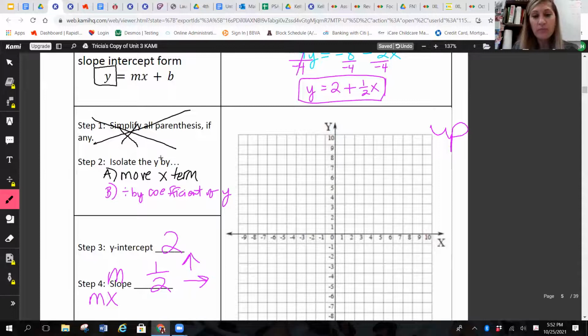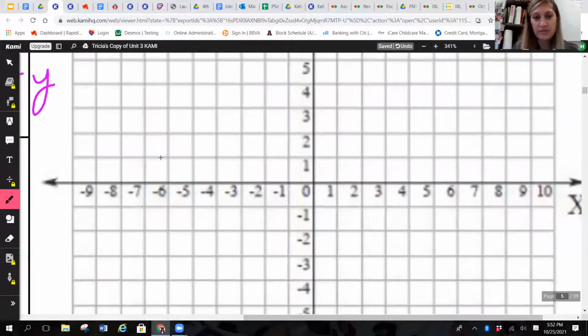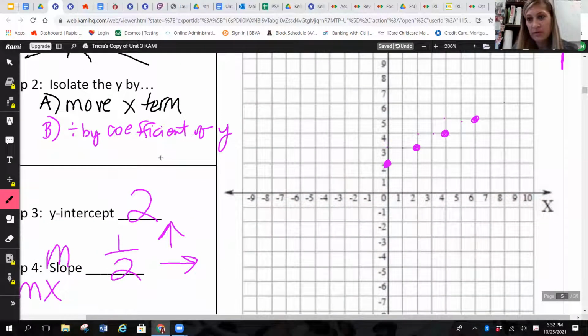Here we go. I'm going to start at positive 2, and go up 1 and move to the right, up 1 and move to the right, and repeat that pattern till I fall off the graph. There it is.